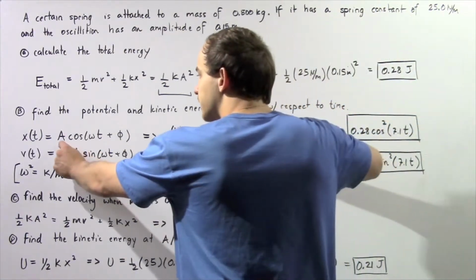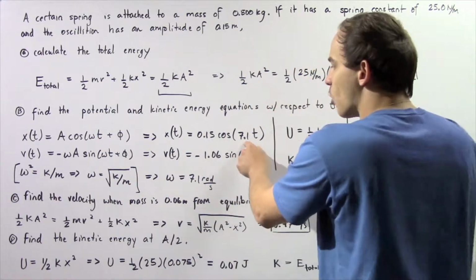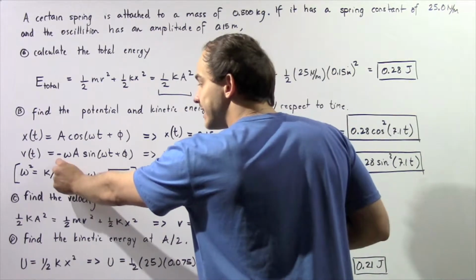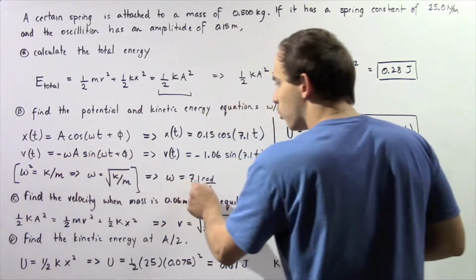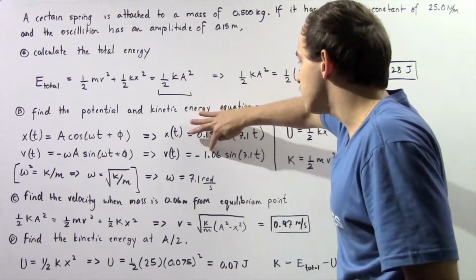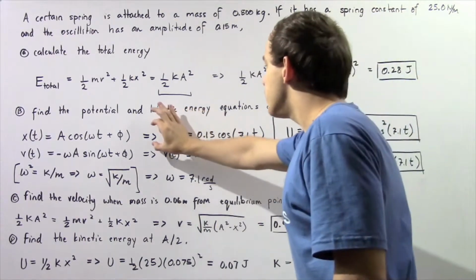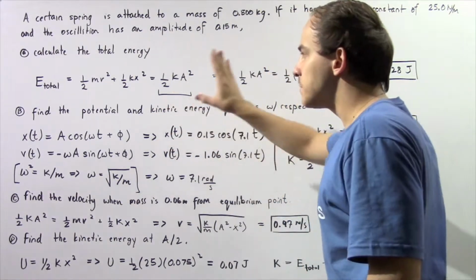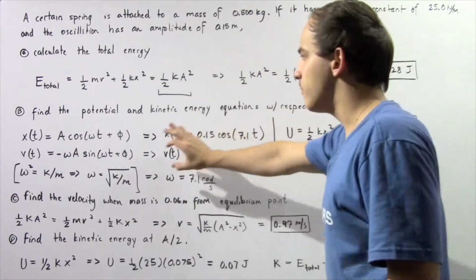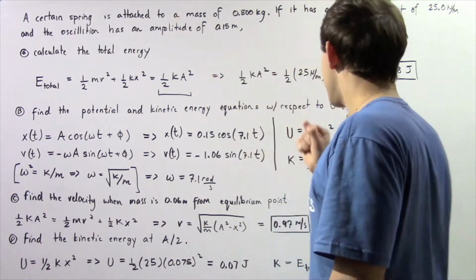So let's plug in our 0.15 for the A and 7.1 for our omega. Now notice our negative 1 times our omega, 7.1, times our A, 0.15, we get negative 1.06, and this remains 7.1. So this is our equation for our position function with respect to time, and our equation for the velocity function with respect to time for our oscillating object for this example.